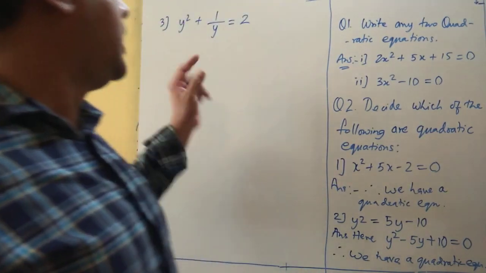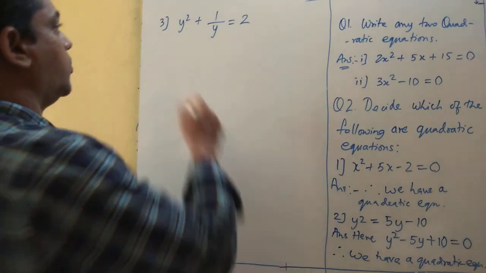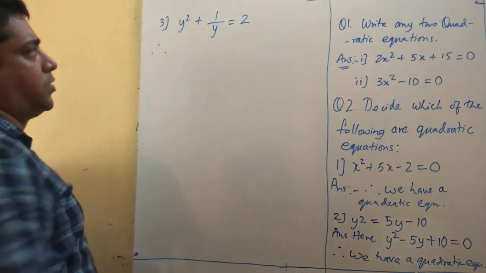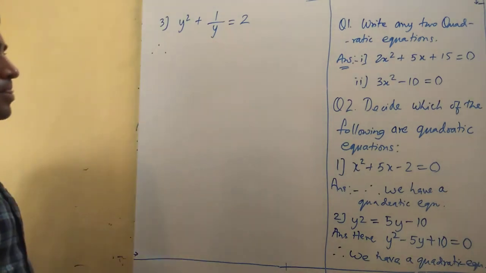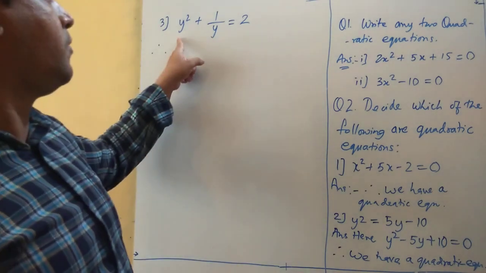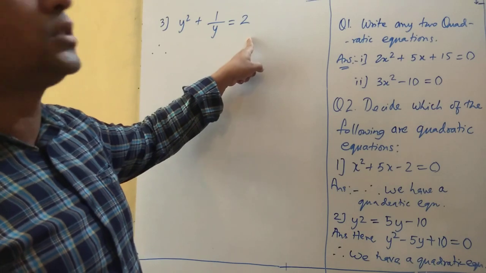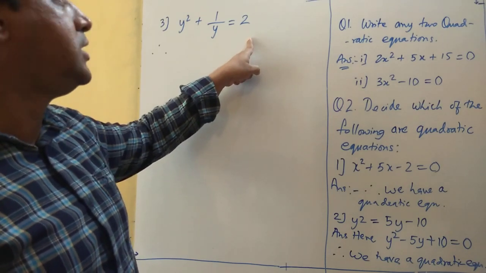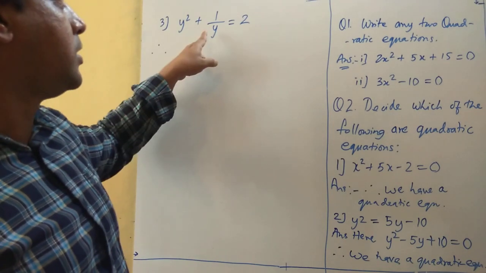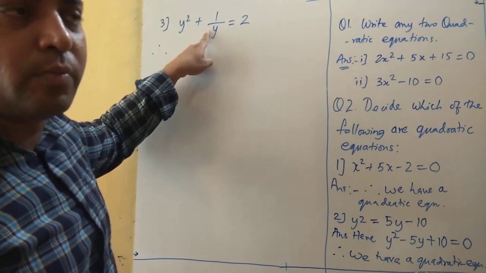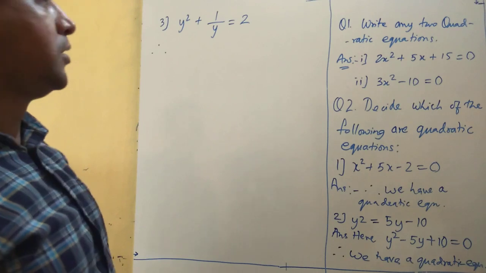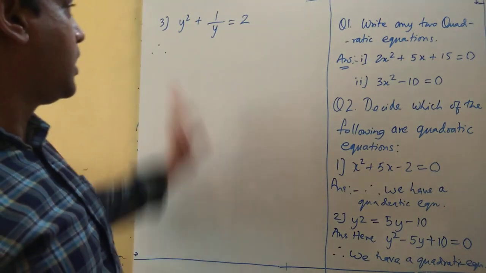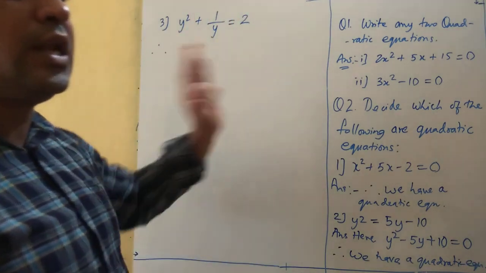That's why I'll have to take the LCM here first. The LCM here will be y. Why? Because y will be common to all the three terms. LCM, least common multiple. Here one of the terms has the denominator y. So if I multiply all the three terms with y, we'll get an equation in linear form.